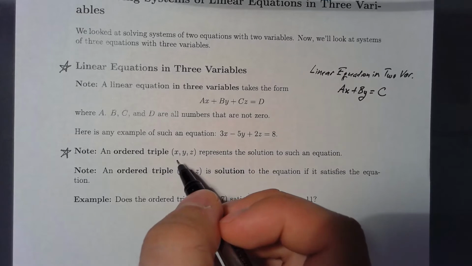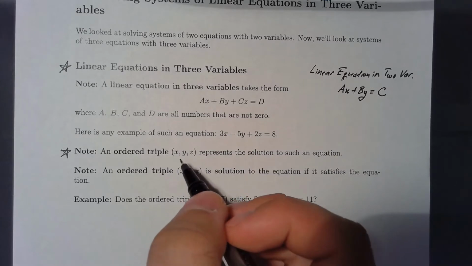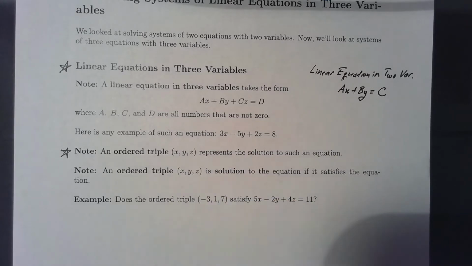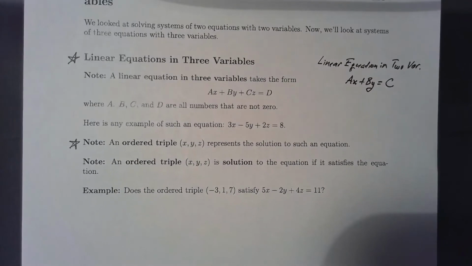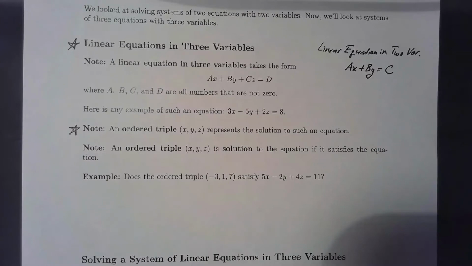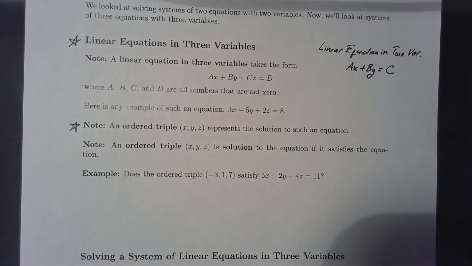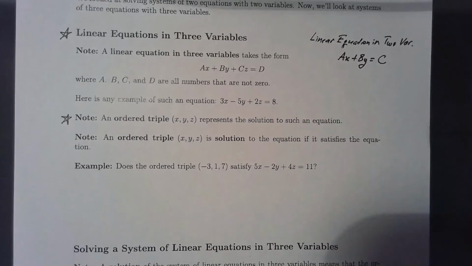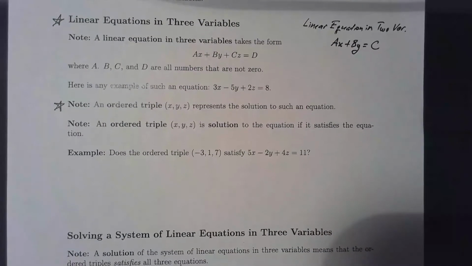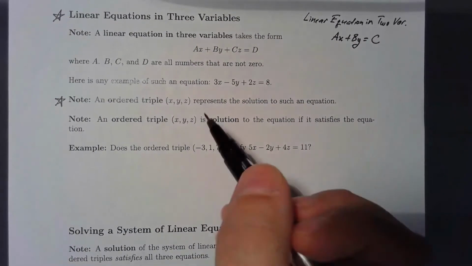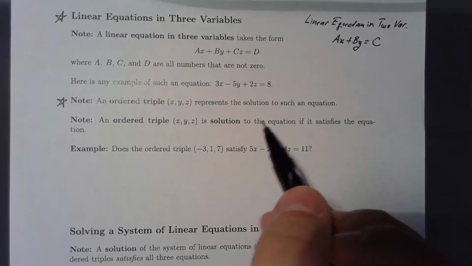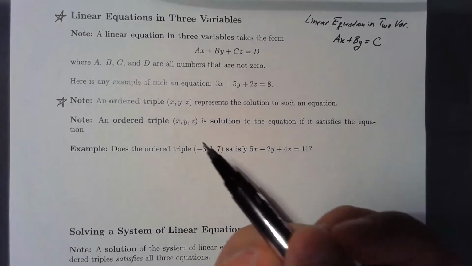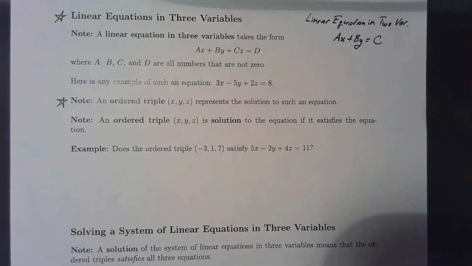Basically our solution is going to be an ordered triple and not an ordered pair, because we have three variables, so each variable is going to have a value, a coordinate, associated with it. We say the ordered triple is a solution if it satisfies the equation, and if we solve a system, it's going to satisfy all the equations in the system.